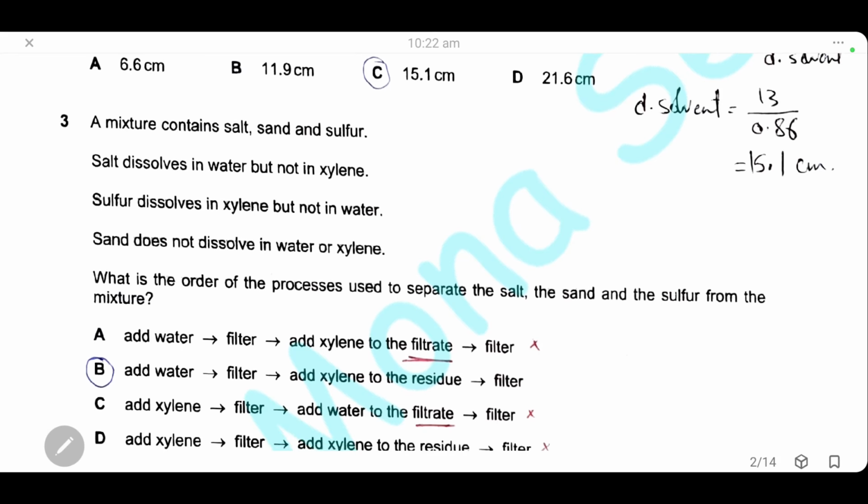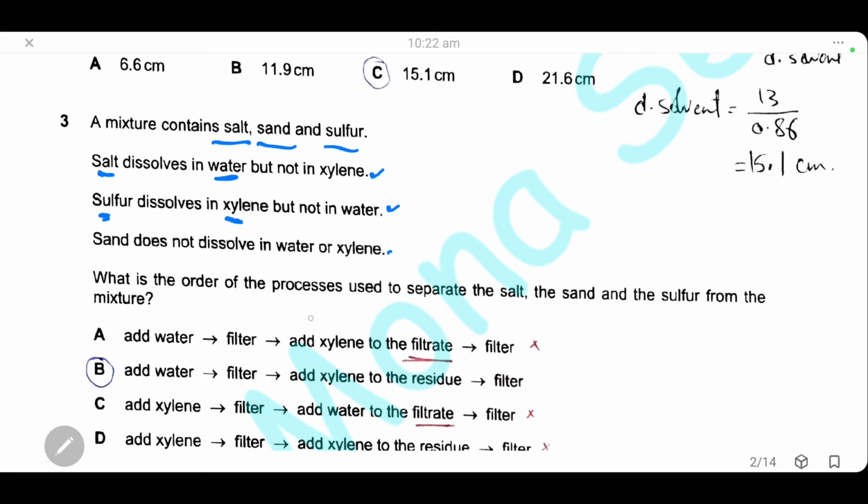Question 3. A mixture contains salt, sand, and sulfur. Salt can dissolve in water but not in xylene. The sulfur dissolves in xylene but not in water, and the sand doesn't dissolve in water or xylene. So salt dissolves in water and sulfur dissolves in xylene. So we can start separation of these 3 components from the mixture according to solubility.